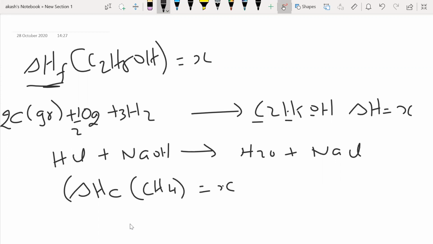I have to make sure this is all about 1 mole of the compound reacting with oxygen. Here you have to make sure that only 1 mole of the compound is reacting. So CH4, 1 mole, reacts with oxygen, and I know what the products are. What are the products, people? CO2 plus H2O. Correct, right?